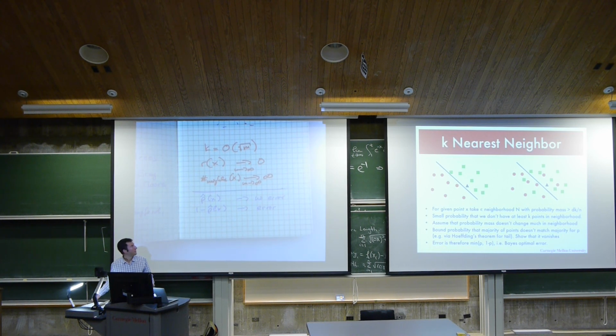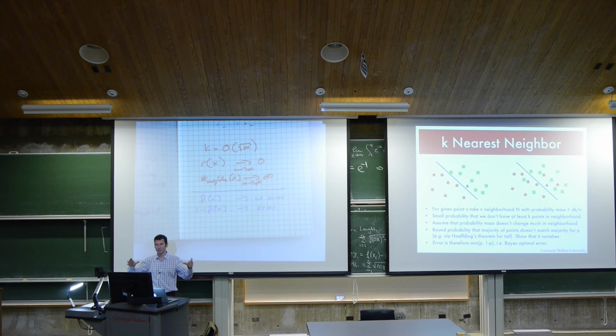Because I picked k to be of order square root m, of course k goes to infinity as m goes to infinity. m is the total number of points. So as the total number of points goes to infinity, so does the number of neighbors for a given point, and therefore I get convergence within that smaller and ever shrinking region to the correct probability.